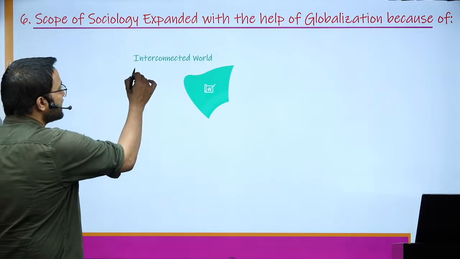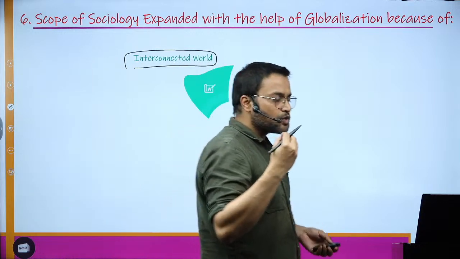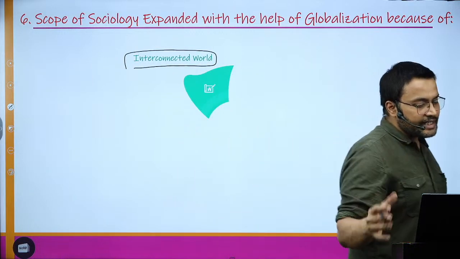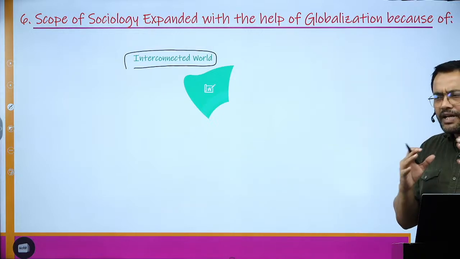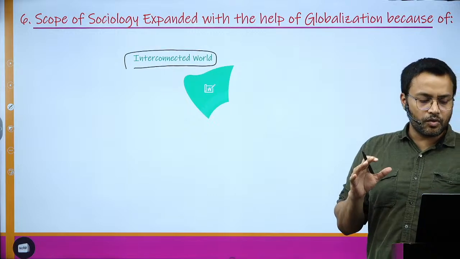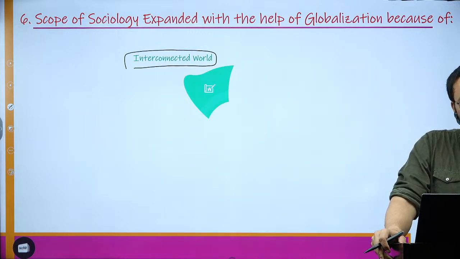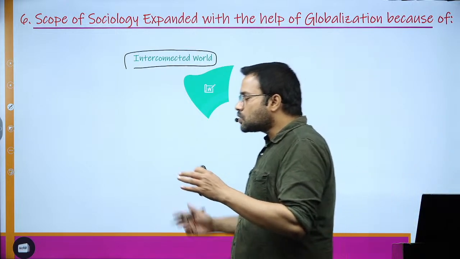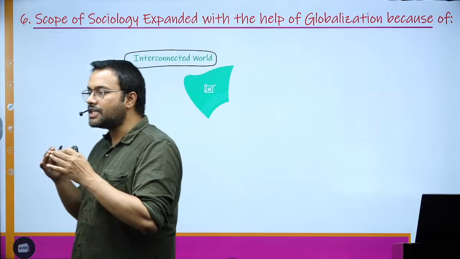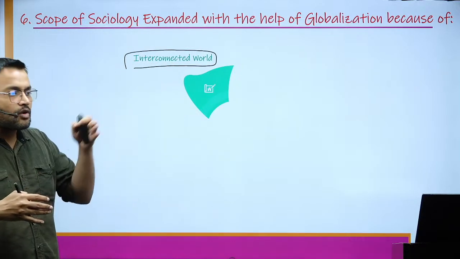Now we talk about the interconnected world. See, in the era of media, social media, and the internet, because of increased communication, people are becoming aware of other people's culture. So they are not living in isolation. How human to human interaction is changing, how culture and certain traits are imported from one society to another.